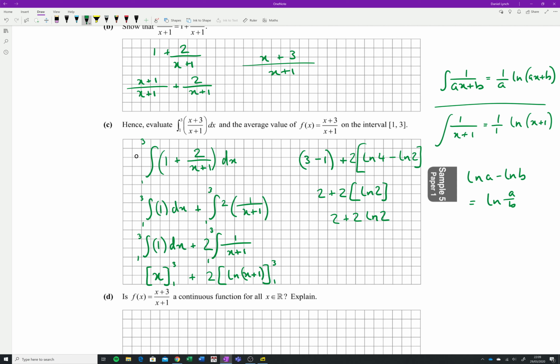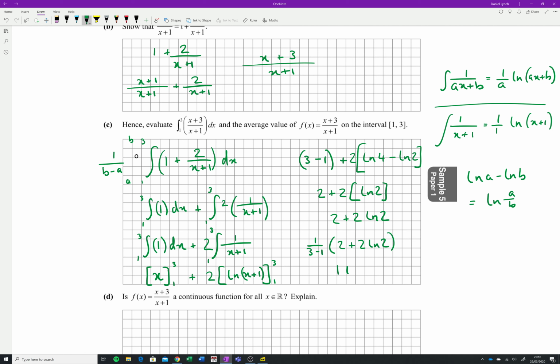That's evaluating it. To get the average value, you would have done 1 over b minus a of the exact same thing. So it goes from a to b. So it is going to be 1 over 3 minus 1. And I would show that little calculation, just to show the examiner I know what I'm talking about. It's 2 ln 2, so it's a half of this thing.